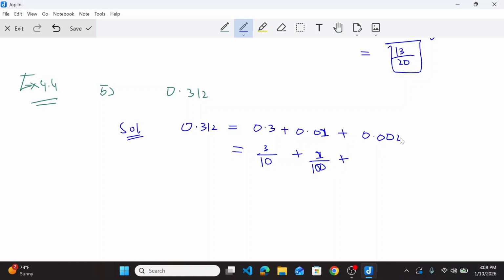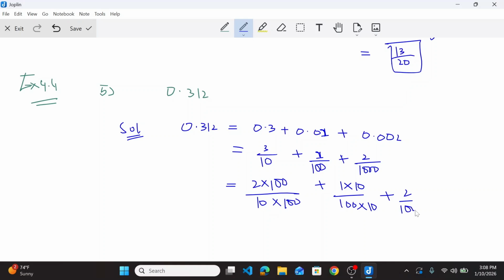Now the 2 is on the thousandths place, so 2 divided by 1000. Next, it's 3 into 100, 10 into 100, 1 into 10. Now in the denominator, 100 into 10, and we keep 2 by 1000 the same.